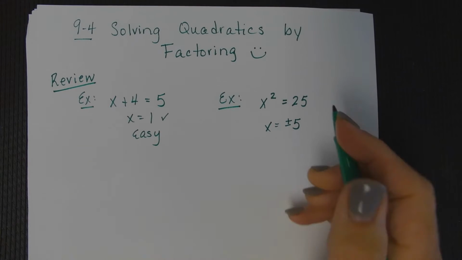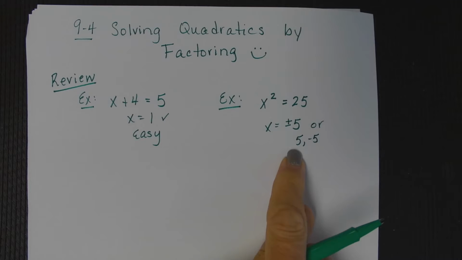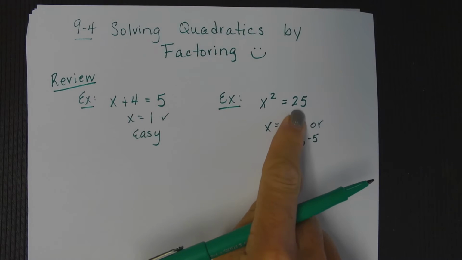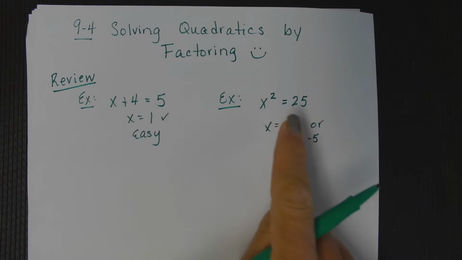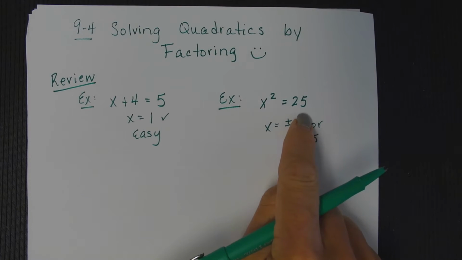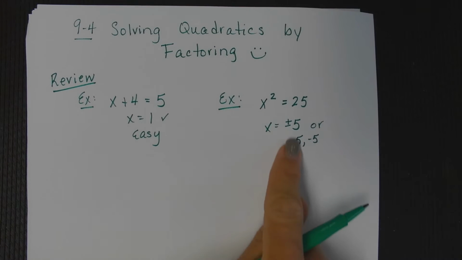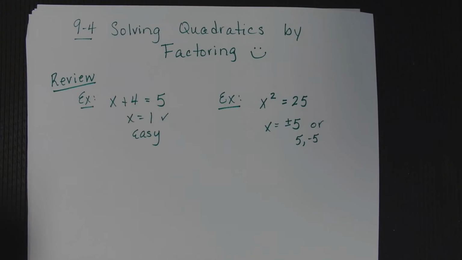You remember this, the fancy way? Or I'm just going to write it this way. Guys, go back. What is 5 squared? 25, right? What's negative 5 squared? Do you see a negative times a negative is a positive? So you know this. You just solved a quadratic equation.